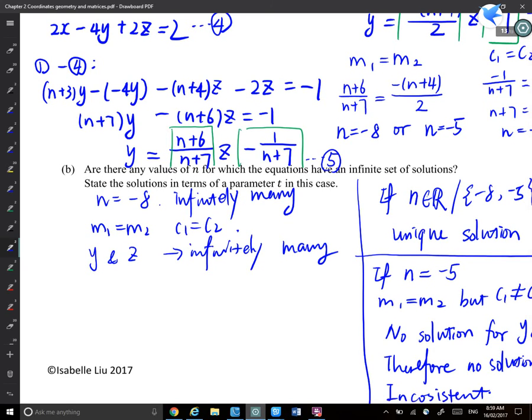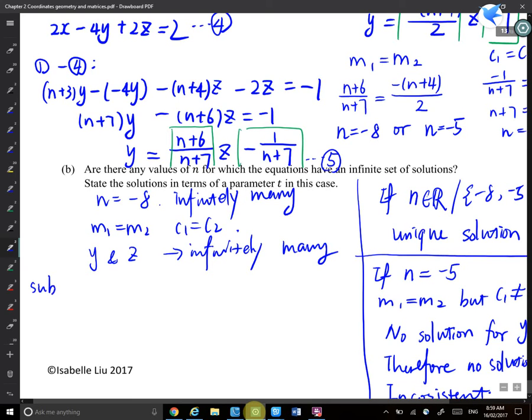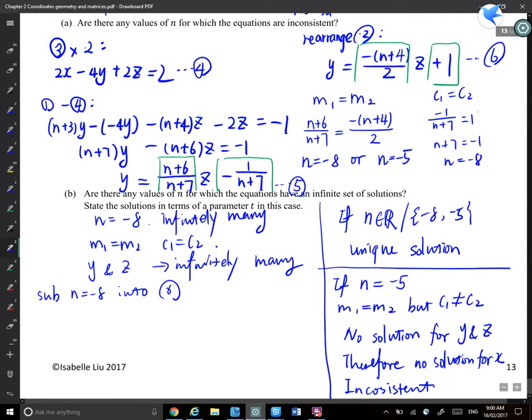So what's the equation for y and z? Let's sub n equals to minus 8 into equation number 6. So y will equal to minus 8 plus 4, minus 4, 4 divided by 2 is 2, so it equals to 2z plus 1.